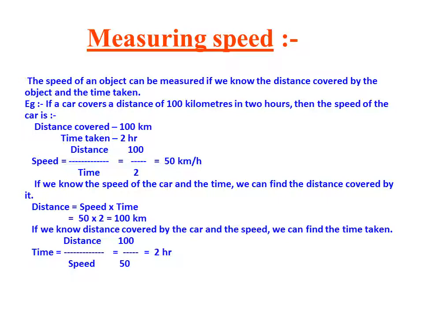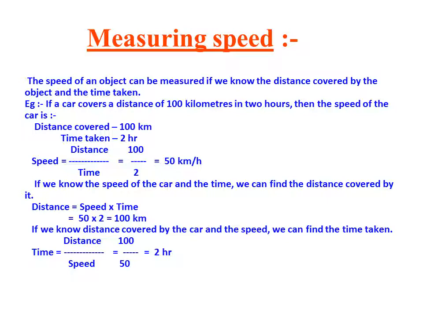As we know, speed equals distance by time. So 100 divided by 2, we get 50. We take the unit kilometer and hour also, so we get the answer 50 kilometers per hour. That means the speed of the car is 50 kilometers per hour.